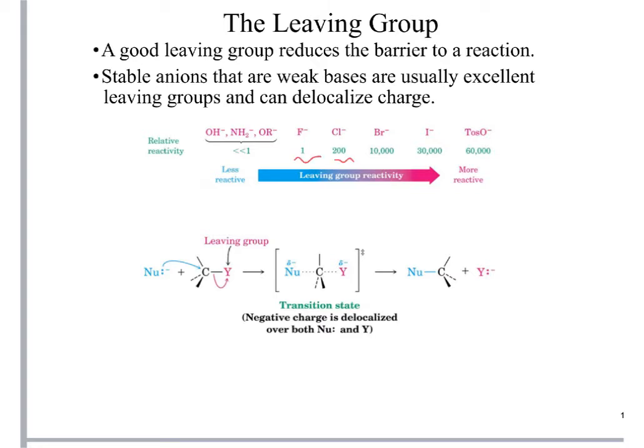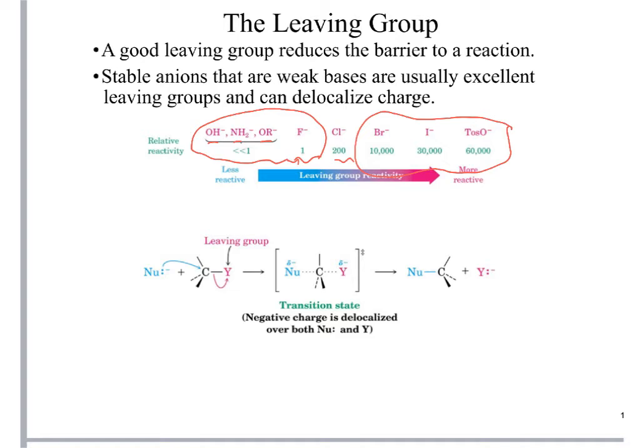So the worst leaving groups are strong bases such as amide ion, alkoxide ion, hydroxide, and fluoride. These are not good leaving groups. So we really want to focus on these three leaving groups: tosylate, iodide, and bromide.